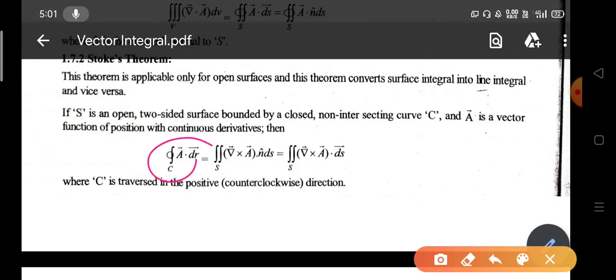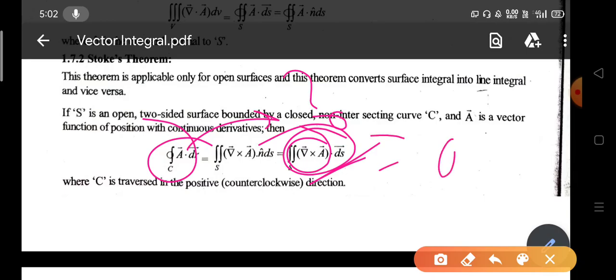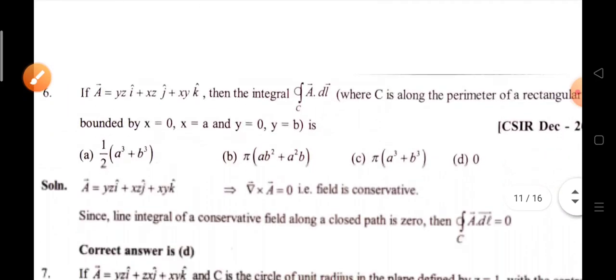So here you are required to find the closed integral of A dot dr. If you find the curl of A and take the surface integral of curl of A dot ds, you will get the result. So first you have to find the curl of A for this kind of question.